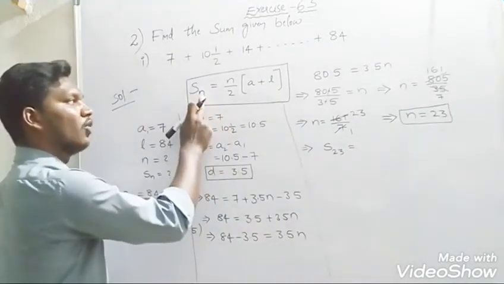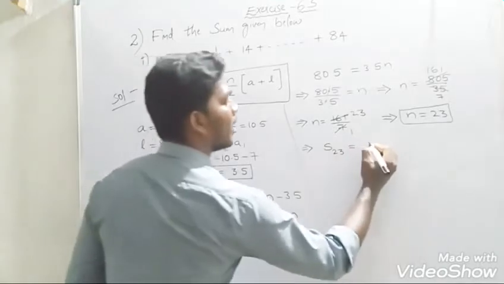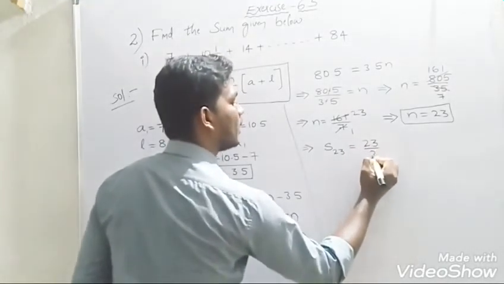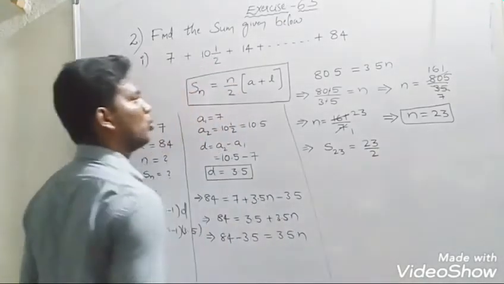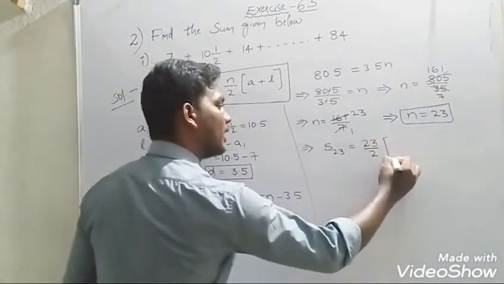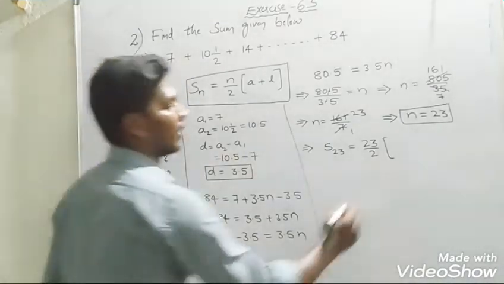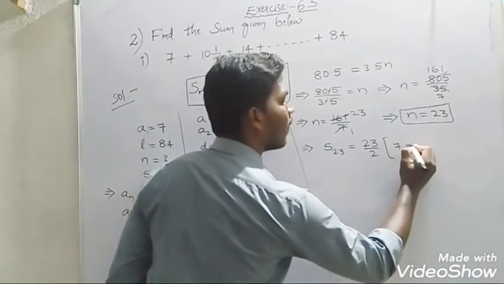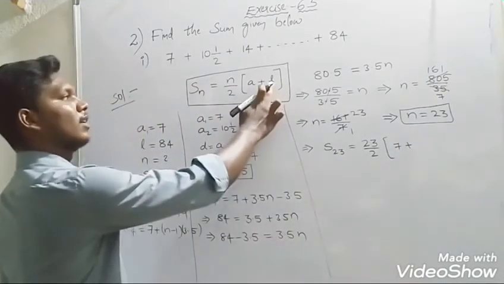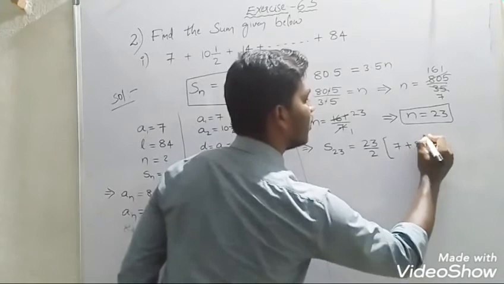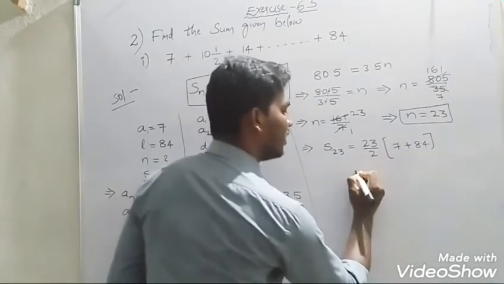That means S23 is equal to n by 2, friends. That means 23 by 2 into a, friends. What is a? A is the first term. That means 7. A plus what is l? Last term. Last term means 84. Last term is 84.